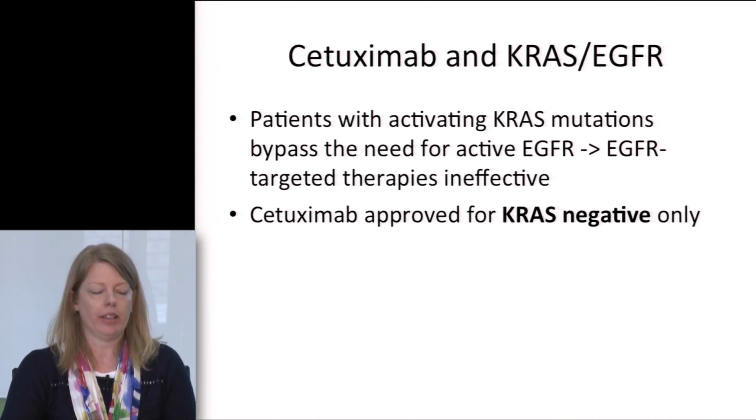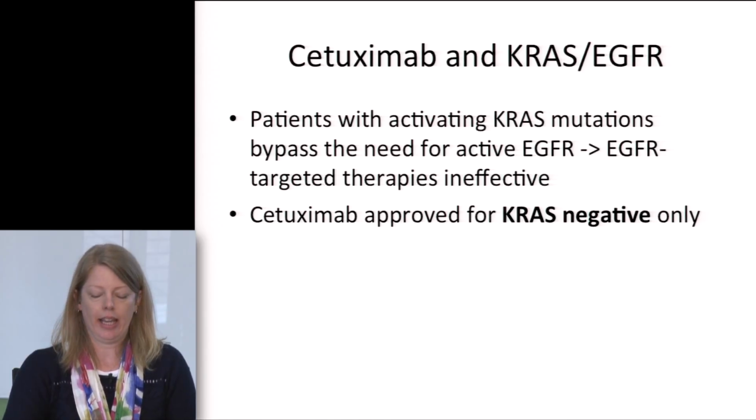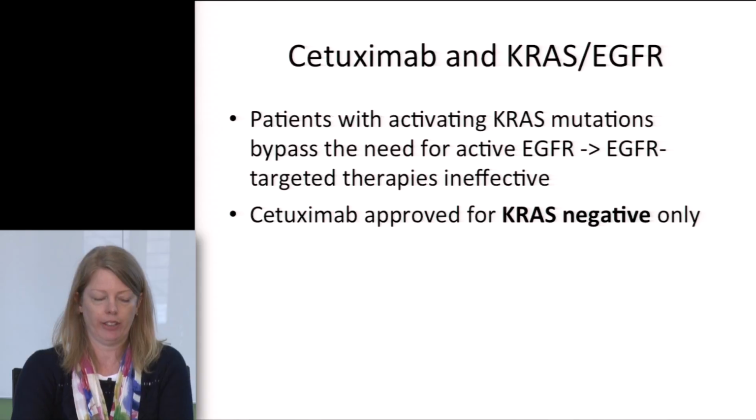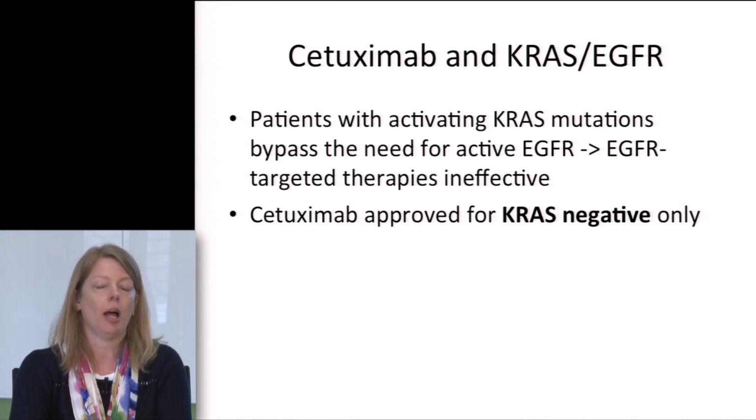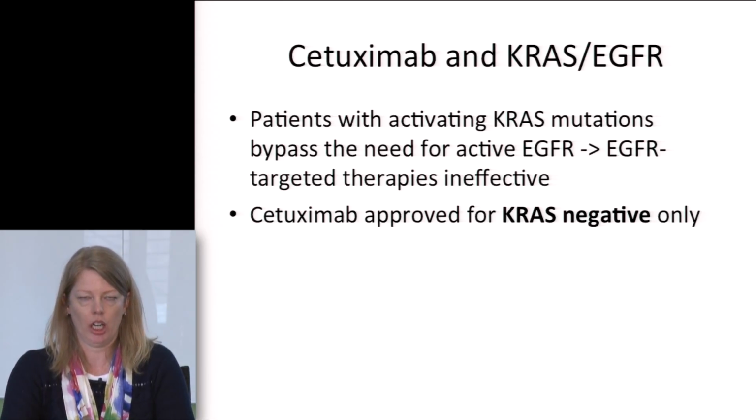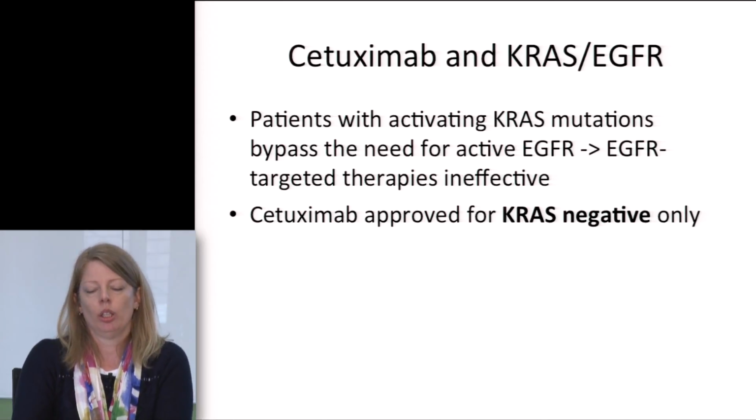So this drug label was approved so that you have to test for EGFR, but you also have to test for KRAS to make sure that it's KRAS negative. That's the only time, and this diagnostic test is required because if it's not KRAS negative, the therapy is not recommended, because it can bypass blocking the EGFR cascade.